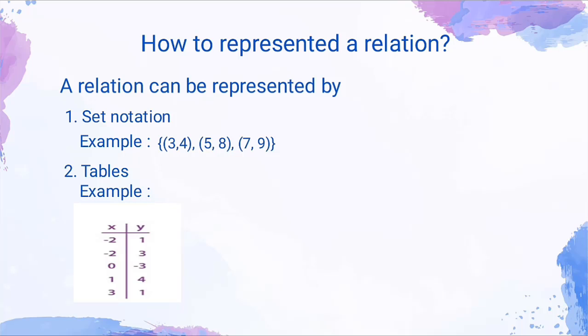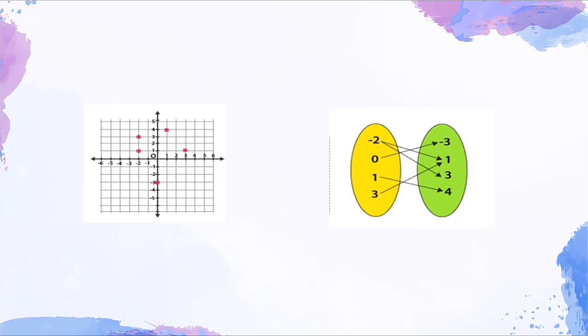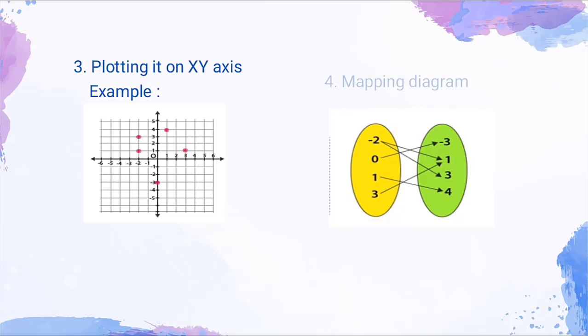An example like this can be seen on the slide or screen. Number 3, plotting it on the XY axis. For example, it can be seen on the slide or screen. Number 4, mapping diagram. For example, it can be seen on the slide too.